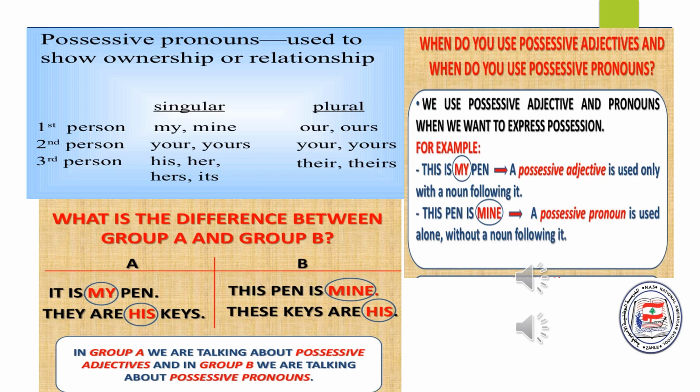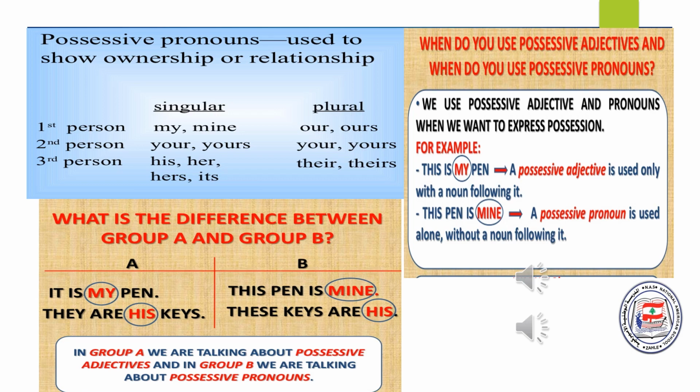And now we will differentiate between possessive pronouns and possessive adjectives. When do we use possessive adjectives and when do we use possessive pronouns? We use possessive adjectives and pronouns when we want to express possession. For example, this is my pen.